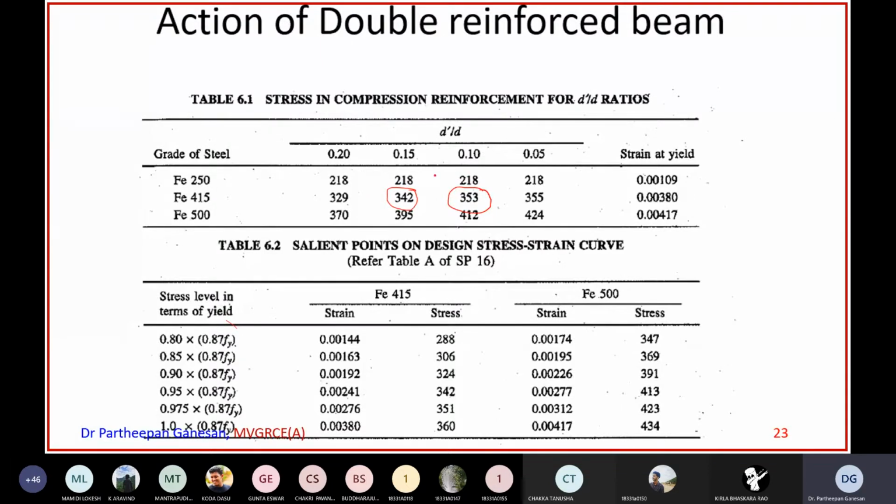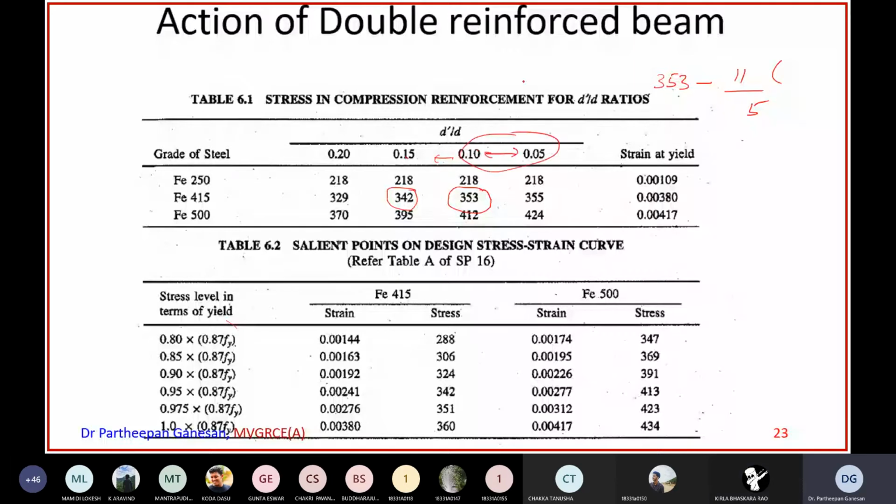Because as you increase the value, your value is reducing. You have to find out 353 minus the difference, 11, divided by the difference between 15 and 10, which is 5. Oh, sorry. You have to interpolate between these two values.